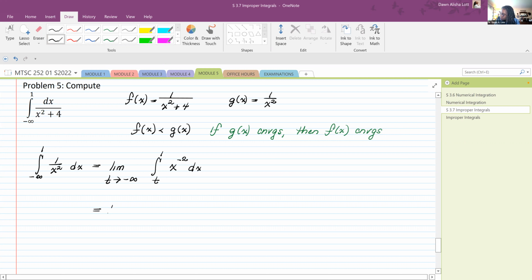Okay, well, that's the limit as t approaches negative infinity. I know this is negative 1 over x evaluated between t and 1. So that's the limit as t approaches negative infinity. I'm going to get negative 1 over x plus 1 over t.